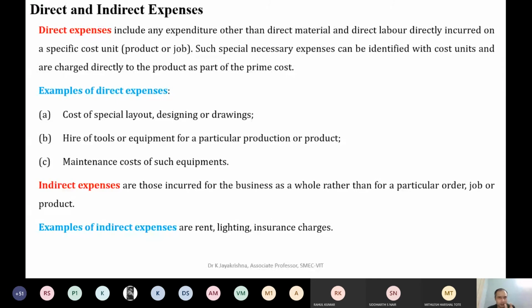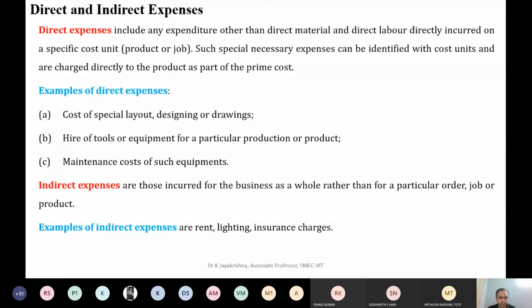From the material cost, you know there are direct material and indirect material cost, and from labor, direct labor and indirect labor. In that, I'm considering only the direct material and direct labor cost. If I'm considering only the cost spent on direct labor and direct material, then that is called direct expenses. The other indirect material and indirect labor costs will come under indirect expenses.